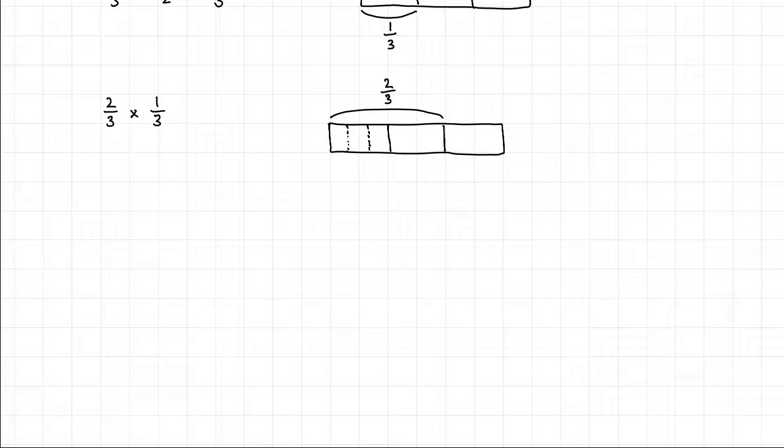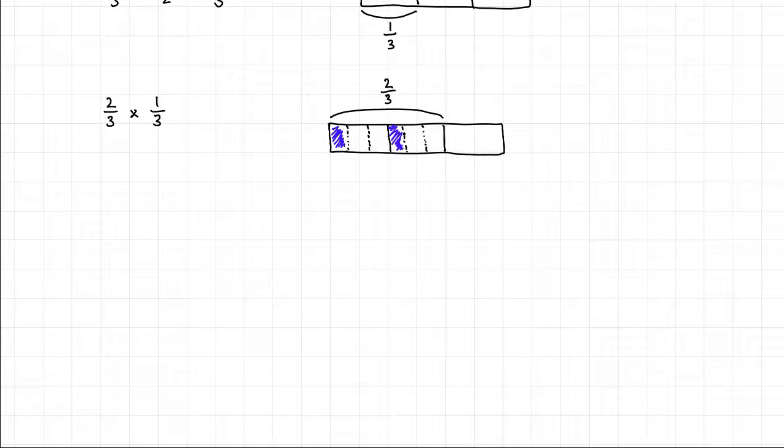Okay, so that's in thirds now, and this is also in thirds. Now what I had was I had 2/3 and I need to make it a third as big. So I looked at this bit and I'm taking a third off that. So I'll just show what I'm doing here. I'm going to take this bit, and then I looked at this bit as well and I'm going to take a third off that as well, and this is going to be my answer.